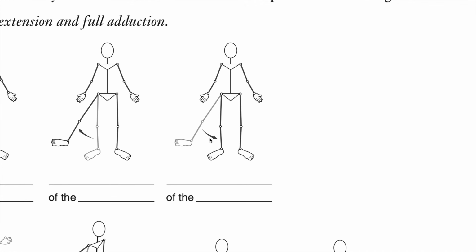A lot of times, I will see students say something like adduction of the right leg. Now, why is that incorrect? If you're not sure why that's incorrect, maybe ask yourself, where is the anatomical leg?